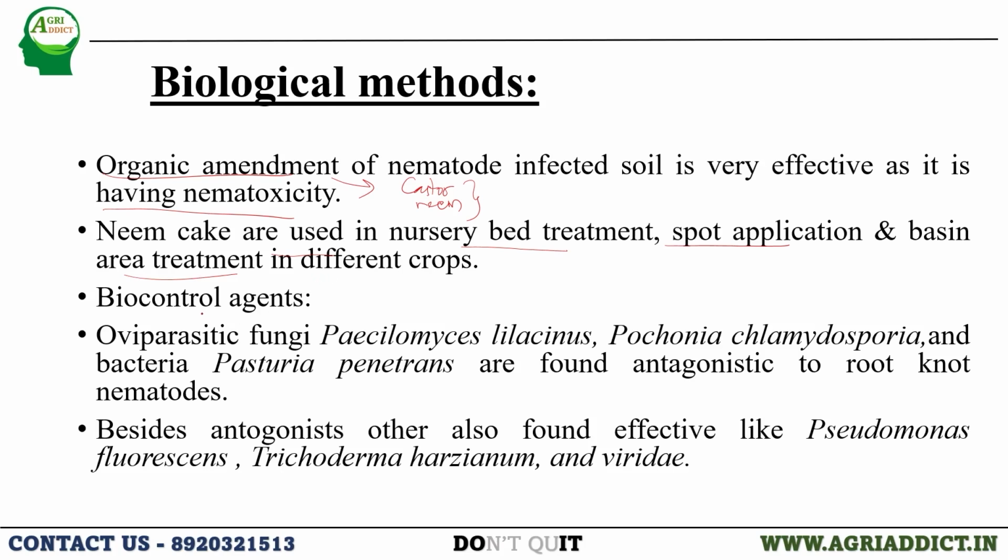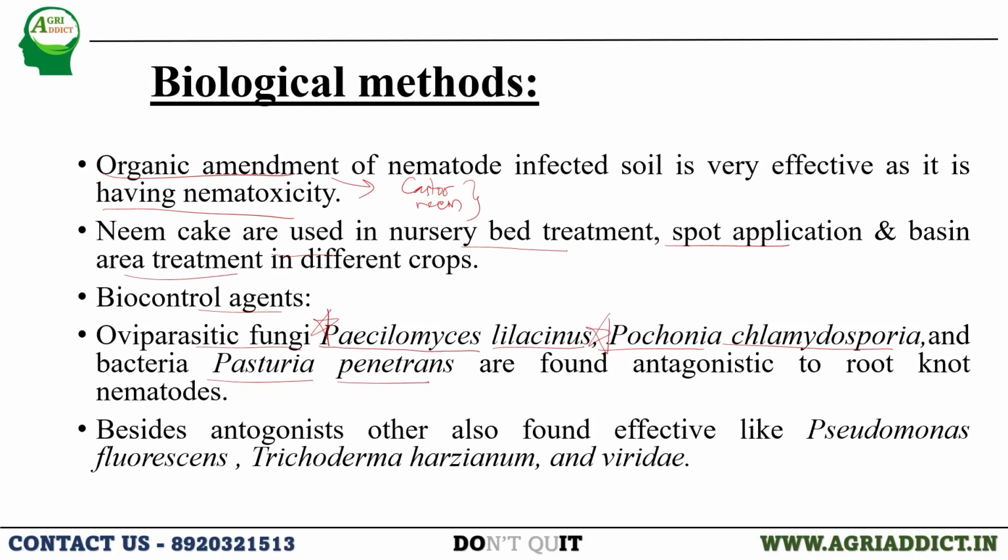It varies. And some of the biocontrol agents like oviparasitic fungi are important. Paecilomyces lilacinus is a fungus which mainly attacks the eggs of root knot nematode, and Pochonia chlamydosporia, and the bacterium Pasteuria penetrans. These three are important.